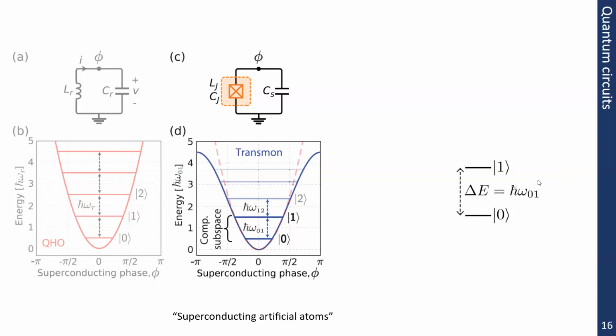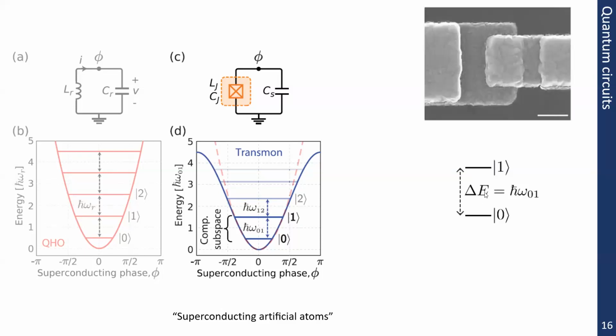Okay, so we selected just one transition in our qubit by adding the Josephson junction to the resonator. So this transition is the 0-1 transition. And this is how a typical Josephson junction looks after fabrication. This is the electron microscopy picture with a characteristic size, I believe, of 5-10 nanometers.